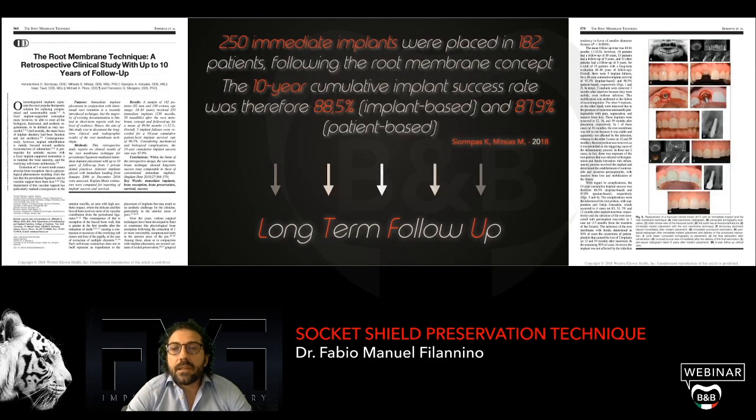They also did a study in 2018 of 2050 immediate implants in 182 patients, and after 10 years of root membrane technique, they saw that the long-term follow-up was very high and compared to the immediate implants that we have in literature.